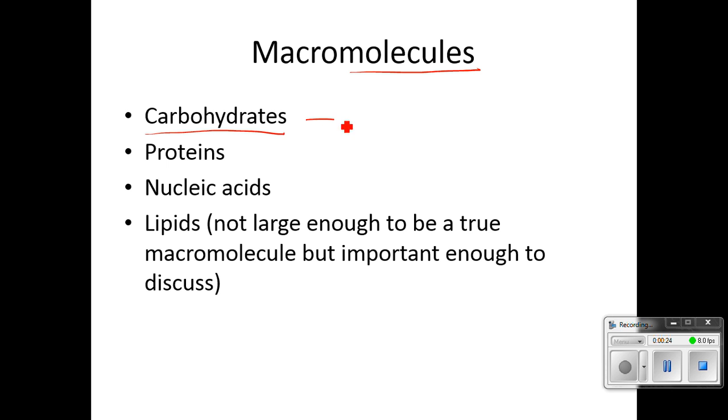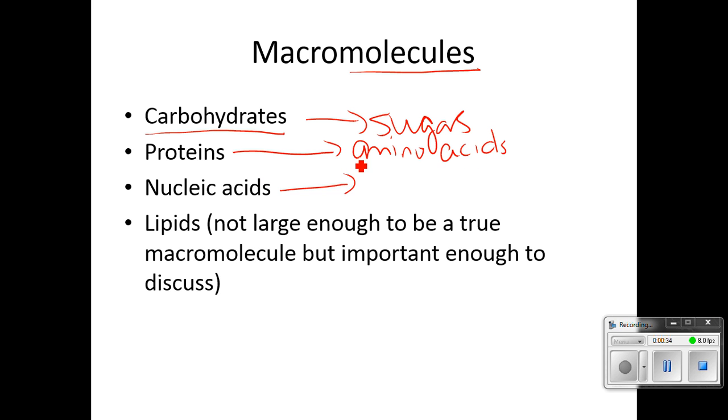Carbohydrates, which break down into sugars. Proteins, which break down into amino acids. And nucleic acids, which are your DNA and RNA, so they break down into the components like nitrogen bases, phosphate groups.